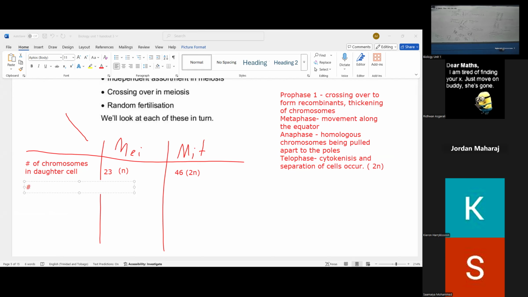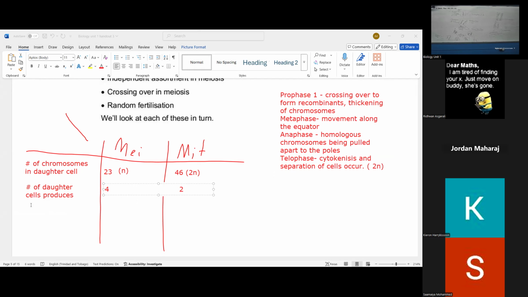Then after you compare chromosomes, you compare the number of daughter cells produced. What's the amount of daughter cells produced in meiosis? 4. And in mitosis, 2.